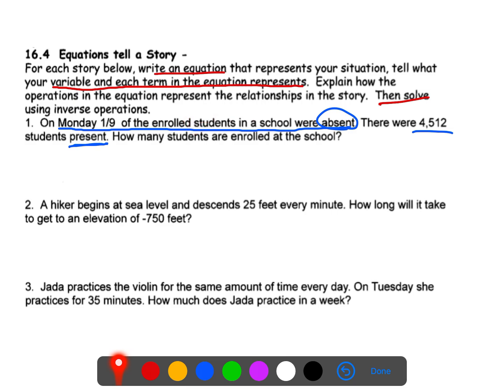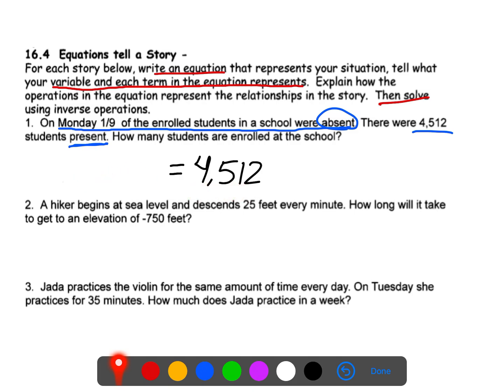So now if I create an equation, remember in equations, we're trying to make both sides of it equal to one another. So if one side of the equation is represented by the number of students that are there, then the other side of the equation has to represent that.